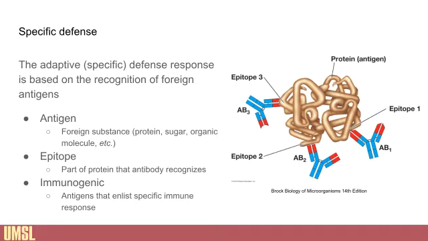The antigen is the big thing, and in our discussion in this class, we're really going to be focusing on proteins and sugars as what these antigens are. The epitopes are essentially what these antibodies are recognizing.